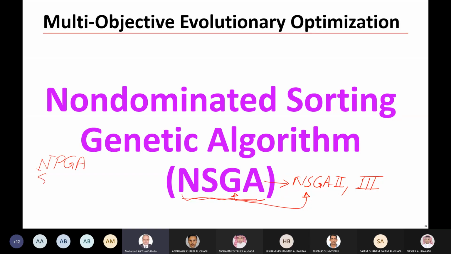We have also SPEA, which is also widely used, the strength Pareto evolutionary algorithm, and we have SPEA2, another version of SPEA. We have different methods of multi-objective optimization. But let us concentrate on NSGA and NSGA2.